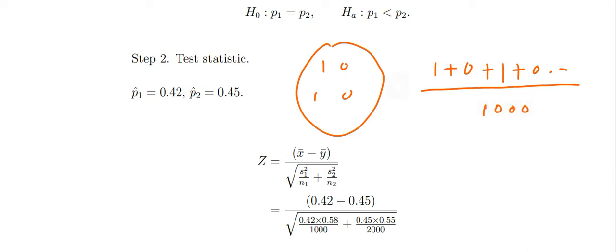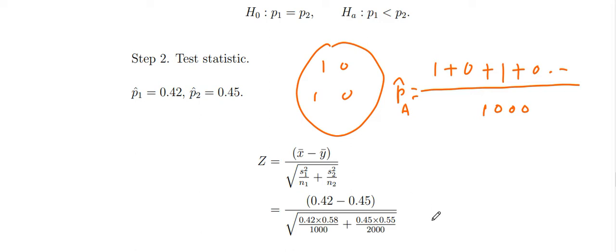So this is just the percentage, how many say yes divided by the total. So X bar is 42%, Y bar is 45%.